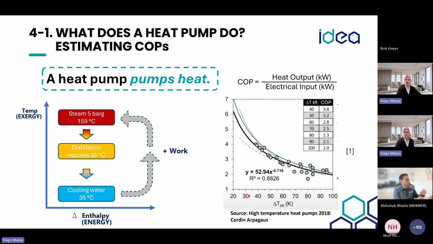In the same way, as the temperature lift that we are asking the pump to produce increases, the COP decreases quite a lot. So this is a very important point. COP, we all know, but just as a reminder, we define COP as how much heat output we can get in kilowatts, for example, a unit of energy, divided by the electrical input. So this is the ratio of energy that we can achieve.